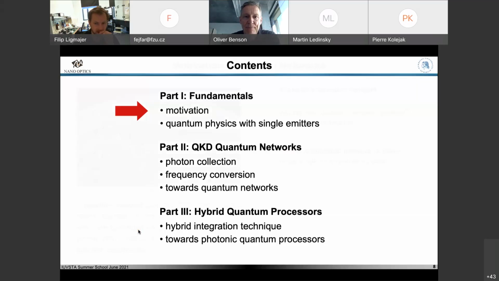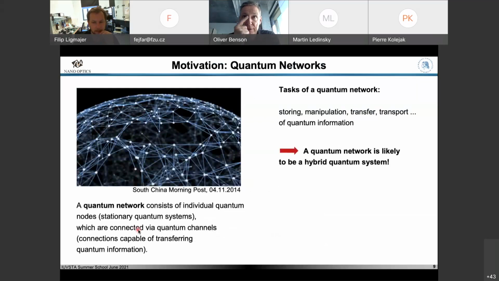Let me jump right in and come to the first motivation. So why use hybrid systems in quantum networks? So what is a quantum network? A quantum network consists of individual stationary quantum systems where you can store quantum information, and they're connected via quantum channels, and over longer distances this is inevitably light.